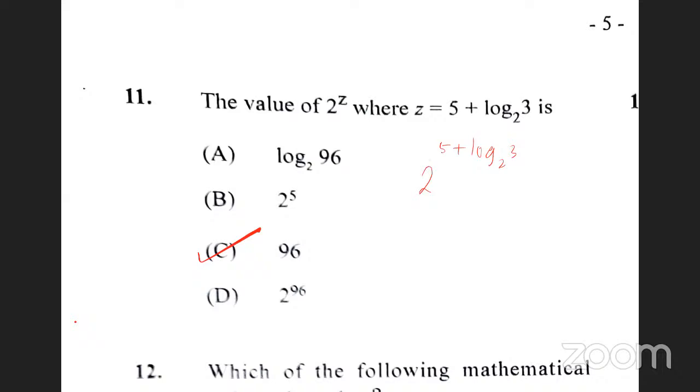If you don't have a calculator, you can also do it this way. What does addition here mean? Multiply. 2 to the 5 is what? 32. Right? And you're multiplying that by 2 log to the base 2 of 3. The value of log to the base 2 of 3 here is 3.